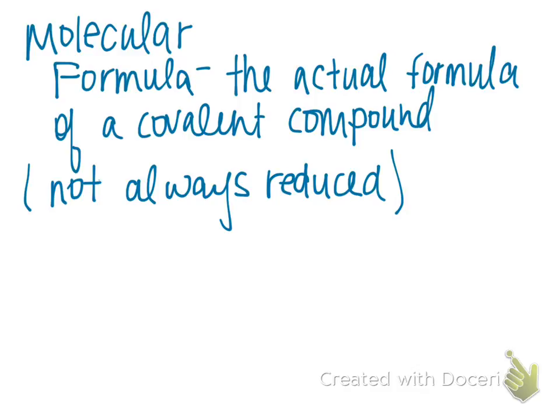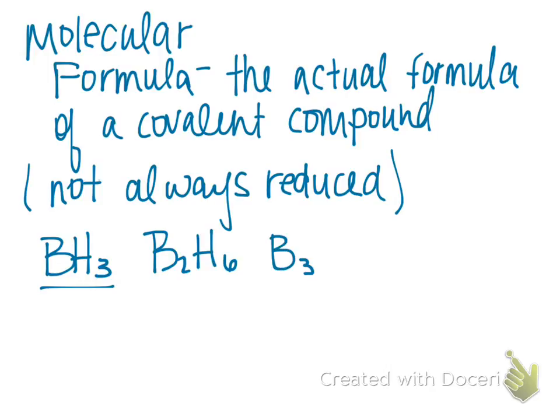So here's the thing. It gave you an example in that paragraph of BH3. Okay, this is the empirical formula because it's the smallest whole number ratio of this compound. It could also be the molecular formula if we were talking about exactly this compound. But other molecular formulas for BH3 would be B2H6, B3H9, and so on and so on.